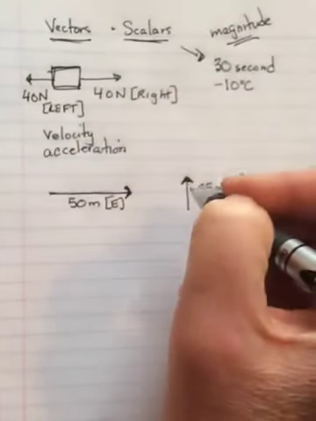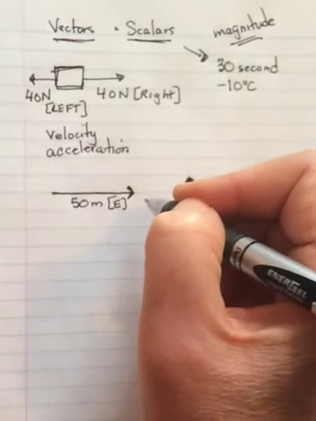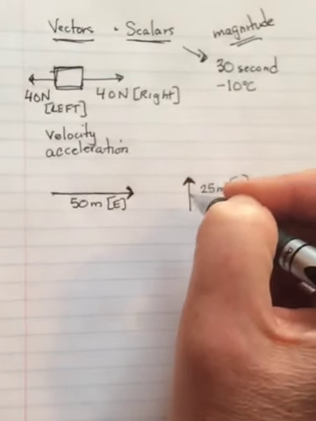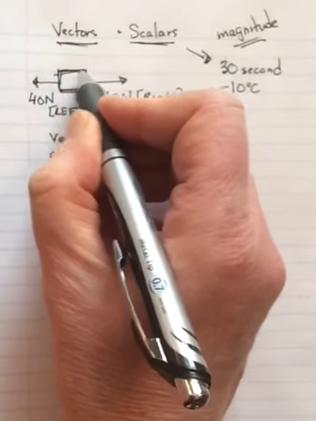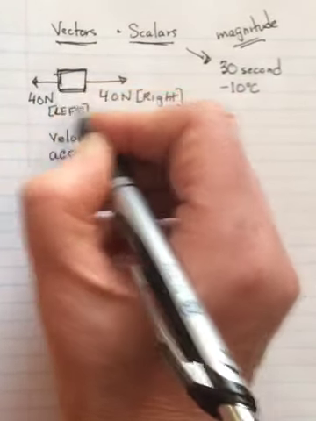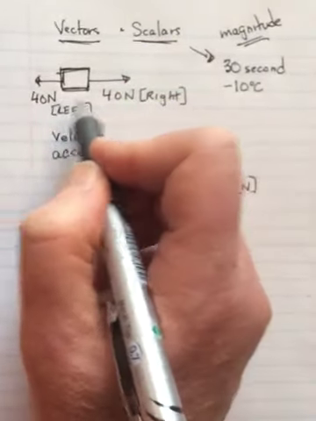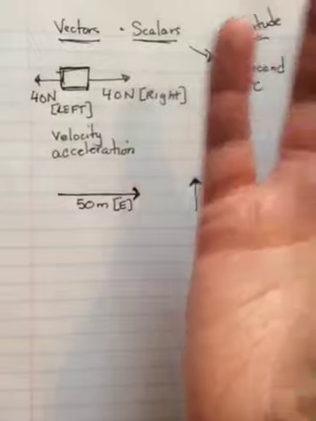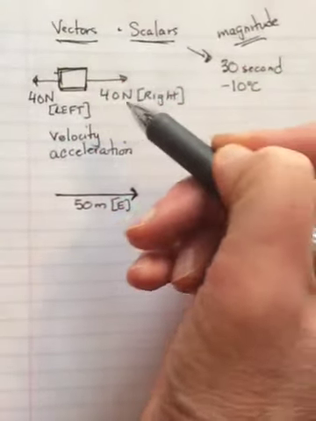Now, the thing about vectors is we have to be careful when we add them, because we have to take into account their direction. Up here, I could have said to you, what is the total force acting on this box if they're both pushing with 40 newtons? Well, if we ignored the direction, one might say 80 newtons, and one might think that it was going down the hallway the way we wanted it to.